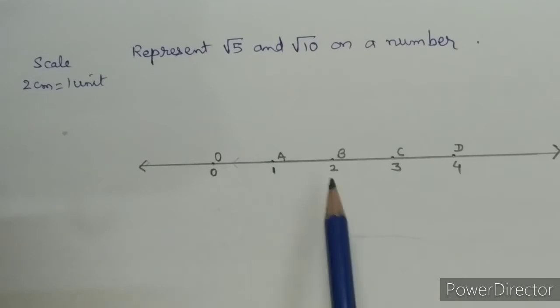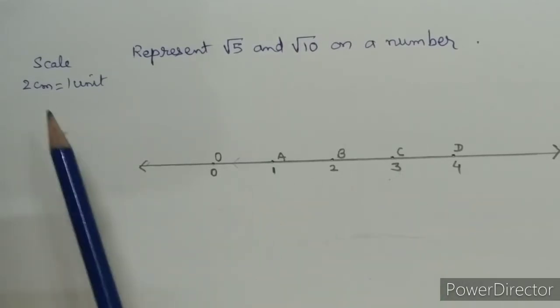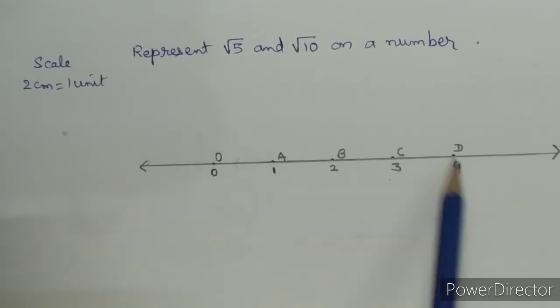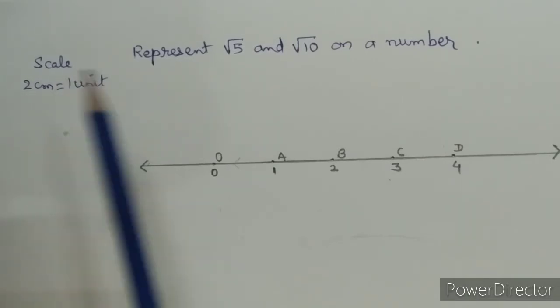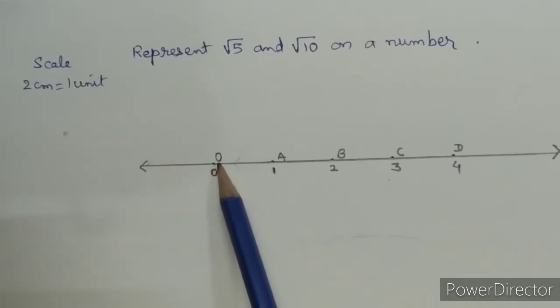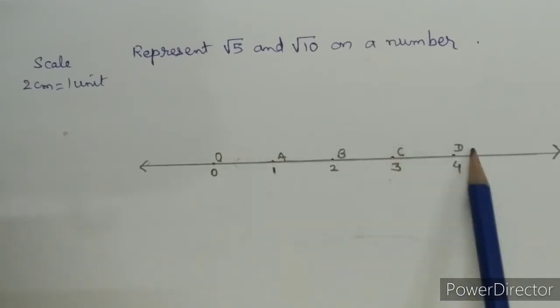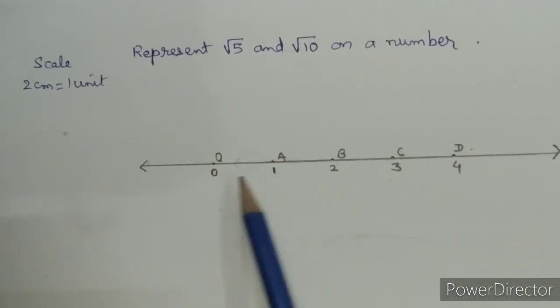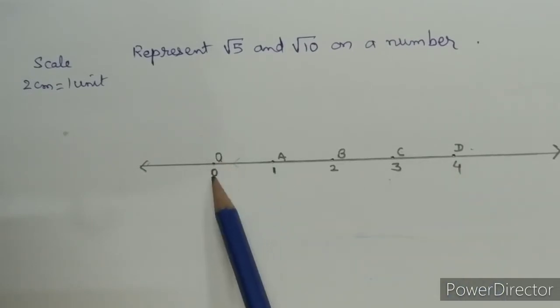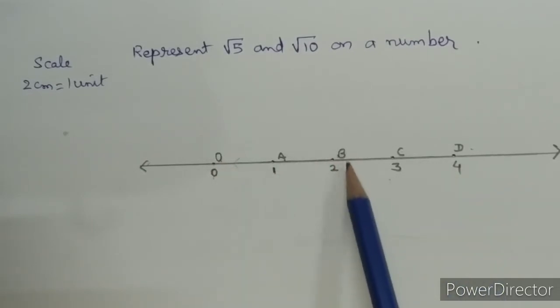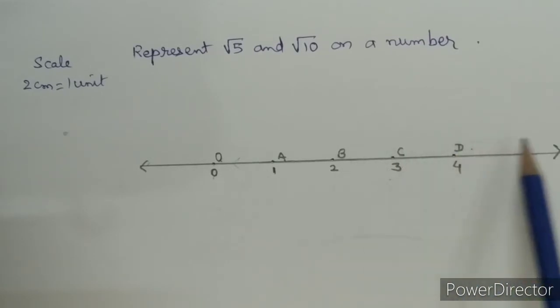Take 0, 1, 2, 3, 4 at a distance of 2 cm from each other, and we have taken scale 2 cm is equal to 1 unit. Let O, A, B, C, D be the points associated with 0, 1, 2, 3, 4. That means coordinate of O is 0, coordinate of A is 1, coordinate of B is 2, coordinate of C is 3 and D is 4.